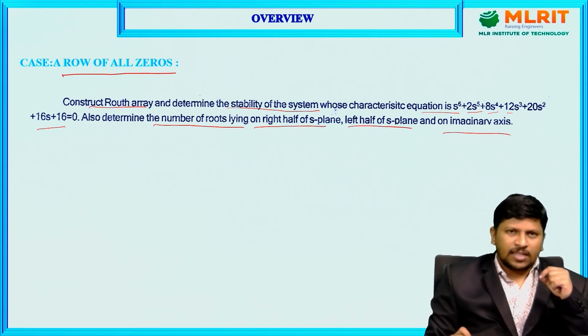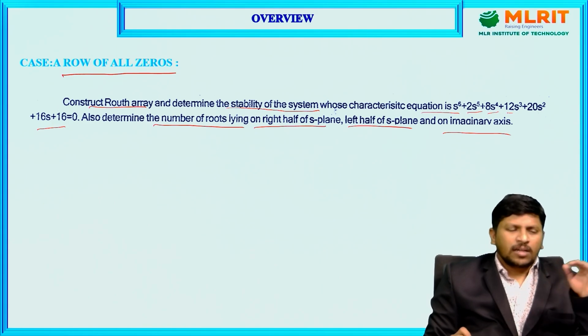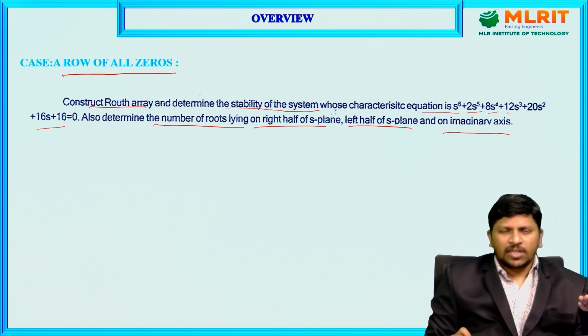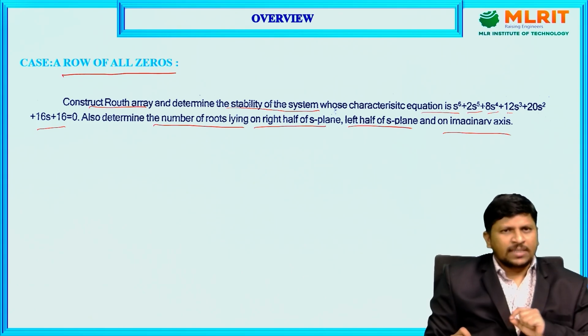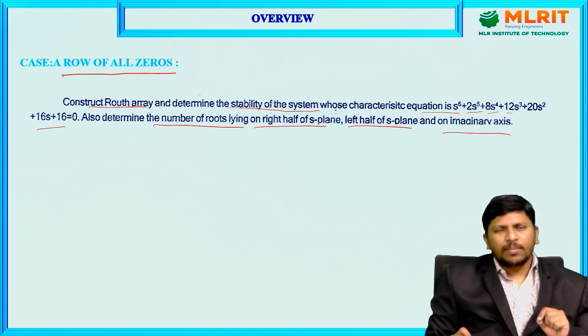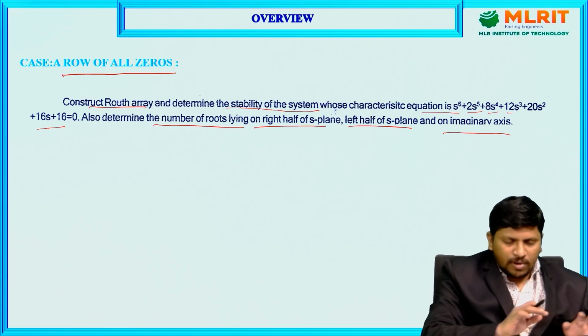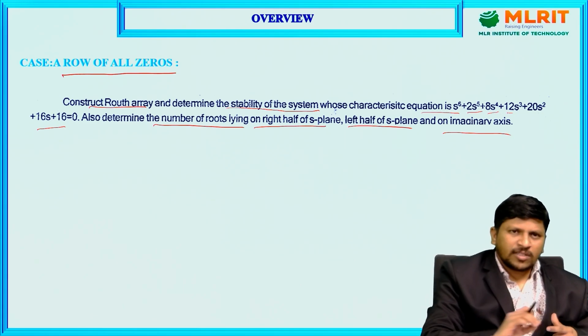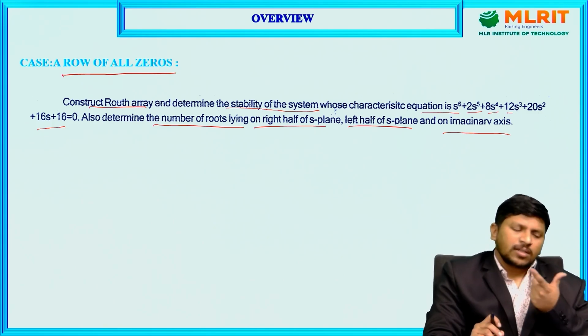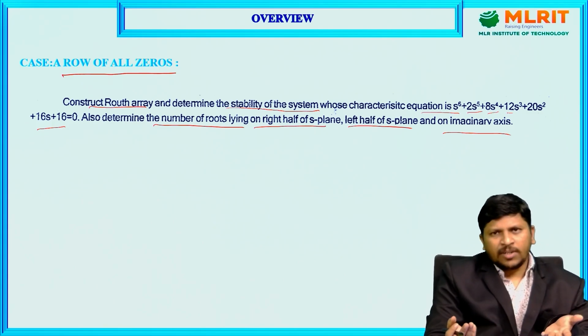The row above the zero row gives the auxiliary polynomial equation, which always contains even powers only. That is why the row with odd powers becomes all zeros.